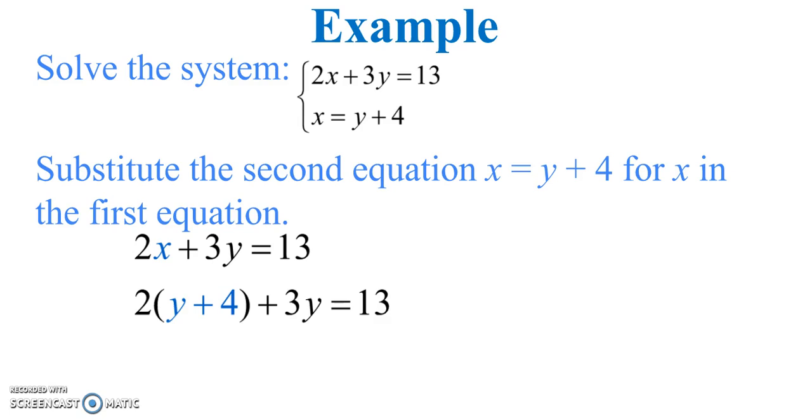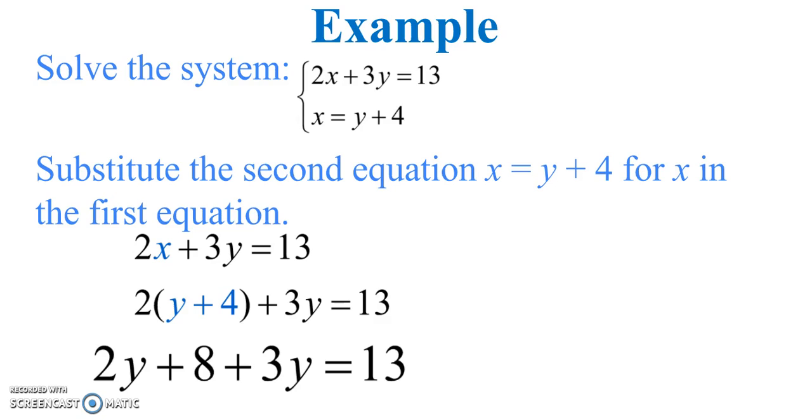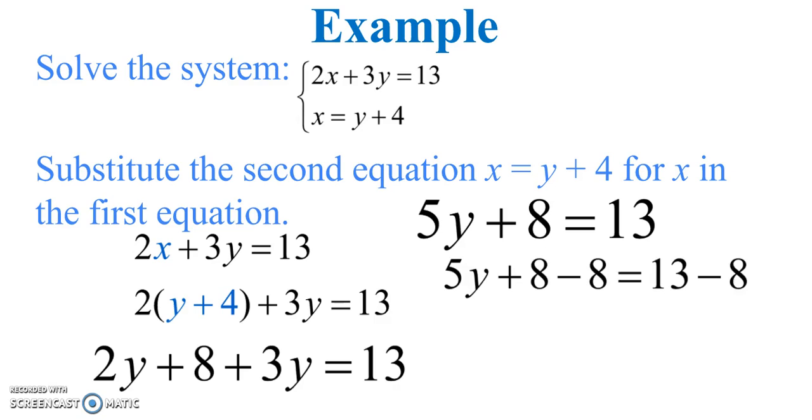I plug it in. 2 times y + 4 + 3y equals 13. I distribute and solve just like normal, and I just keep on going. You guys should be good at solving by this point because we've practiced it a lot. You go down, you subtract 8, you divide by 5, you get y equals 1.